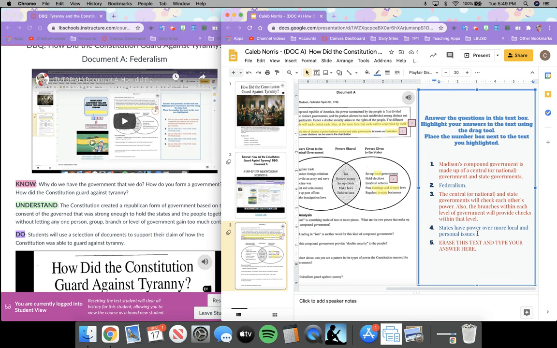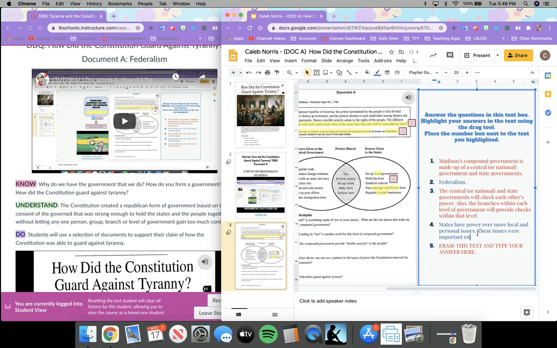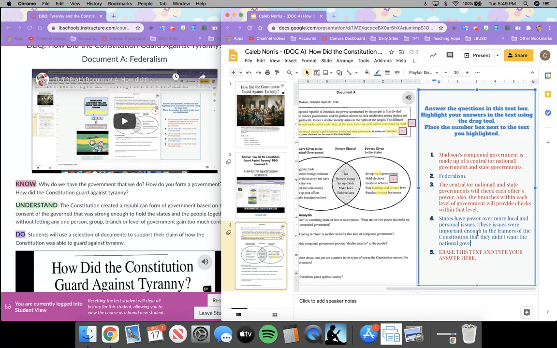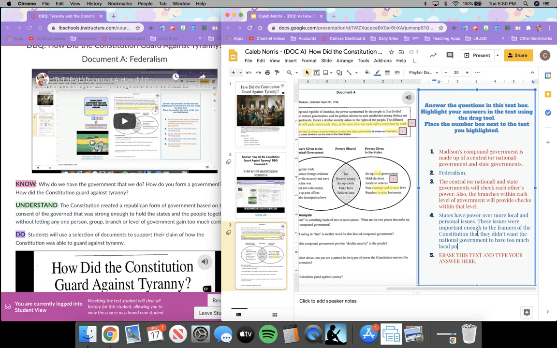Like school and marriage, etc. These issues were important enough to the framers of the Constitution that they didn't want the national government to have too much local power.